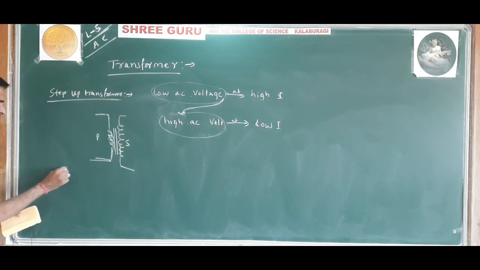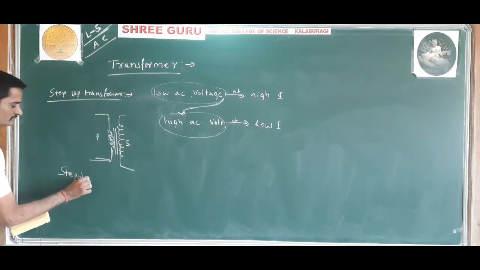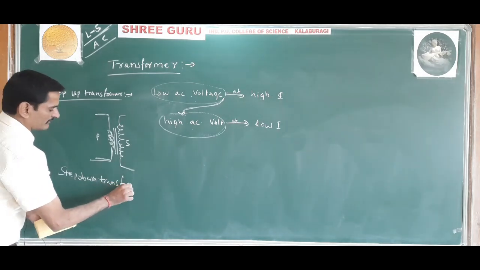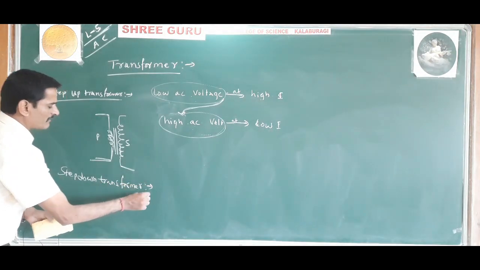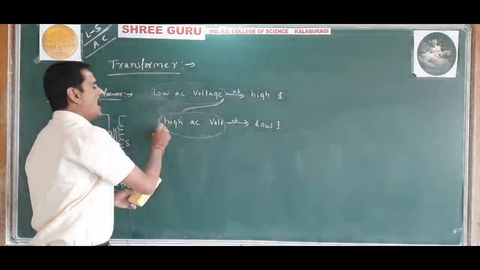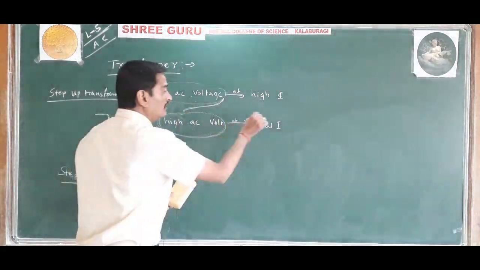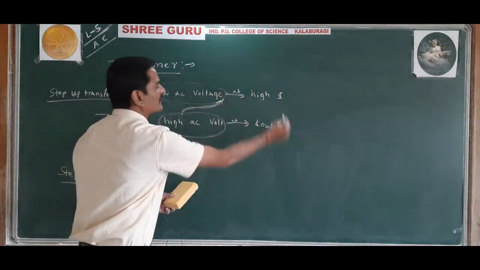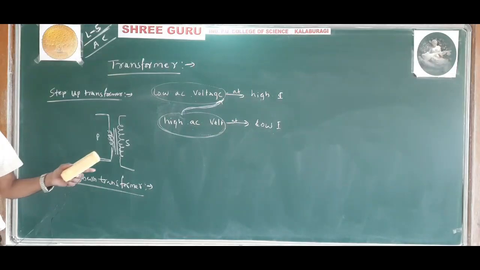Okay, next, step down transformer. Same, this is the reverse. A step down transformer is a device which is used to convert high alternating voltage at low current into low alternating voltage at high current. Don't get confused here.